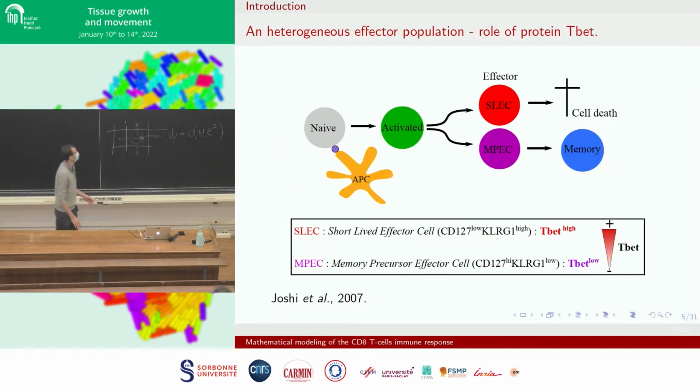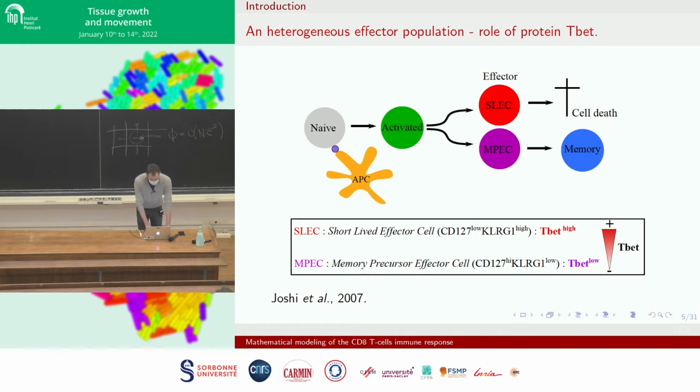And another important thing is that what I call the effector population is actually not homogeneous, and we can distinguish two subpopulations that are called the short-lived effector cells in red here, the SLEC, that are actually destined to die during the end of the response, while the MPEC, the memory precursor effector cells, actually contains the precursor of the memory cells, and then are destined to differentiate in memory cells and survive.